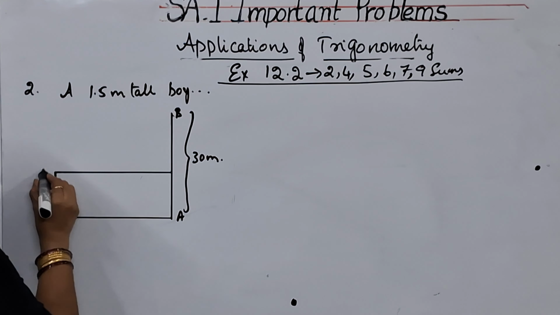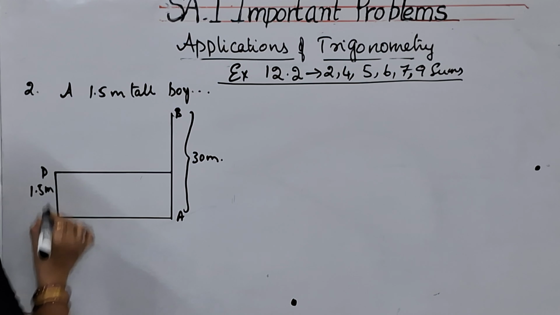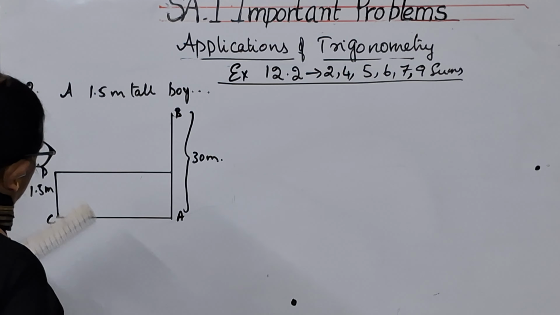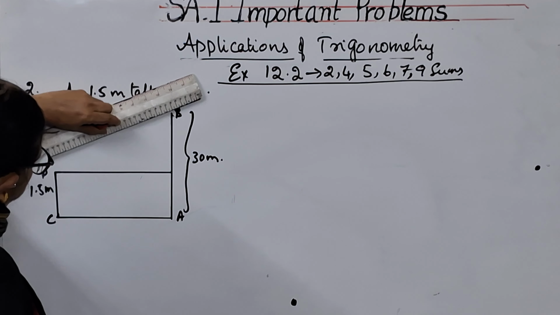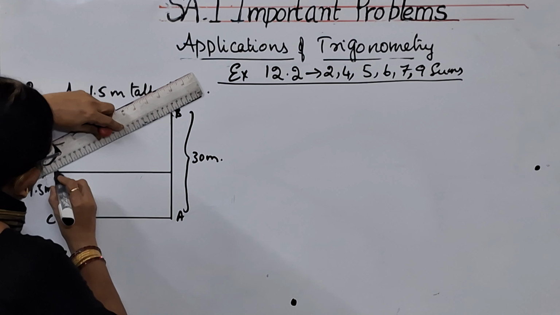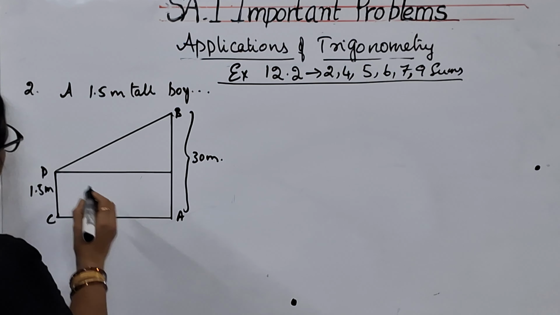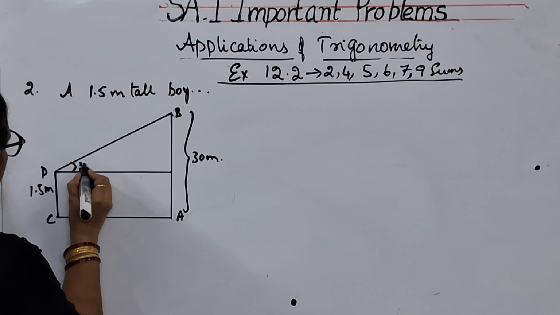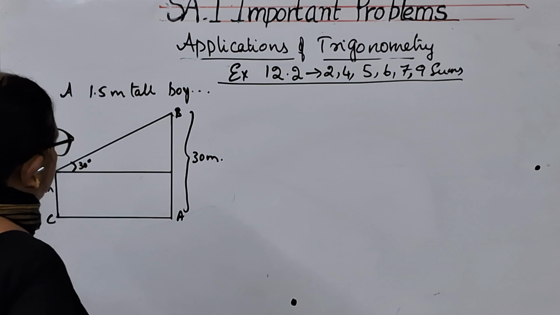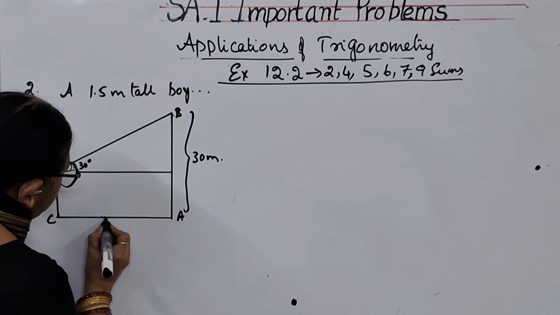And CD is the boy's height, 1.5 meters. Initially, when he was observing the top crown of the temple from where he was, the angle of elevation was 30 degrees. Then he moved a certain distance.